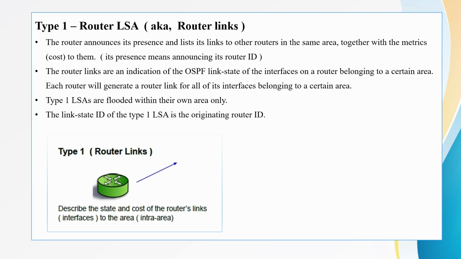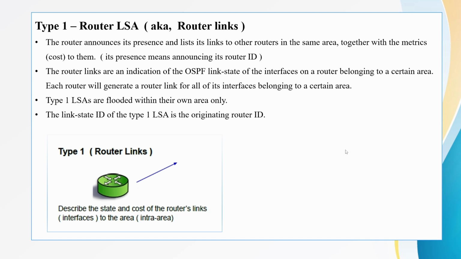The link state ID of the type 1 LSA is originating from the router ID. The diagram below illustrates this concept. Basically, type 1 LSA is describing the states and cost of the router's links to that area.